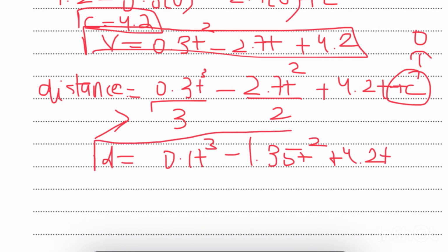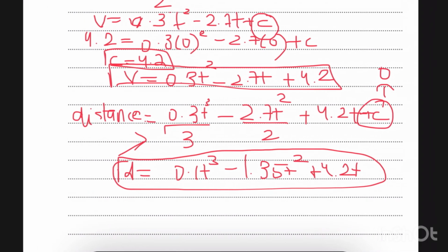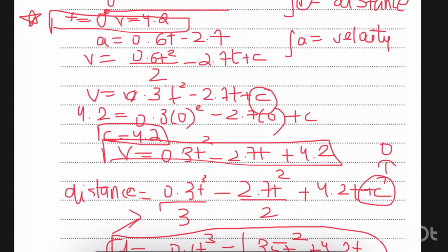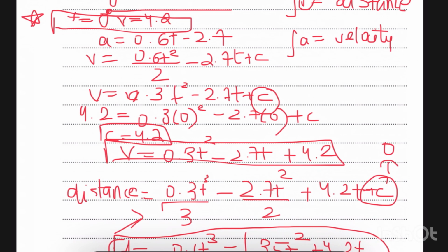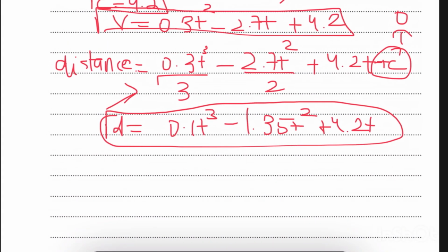So we have the distance equation. Now they're saying that we need to find the distance between the times at which the particle is at instantaneous rest. What that means is that we need to find out the time when the velocity is 0. So if you look closely, we have the equation of the velocity.